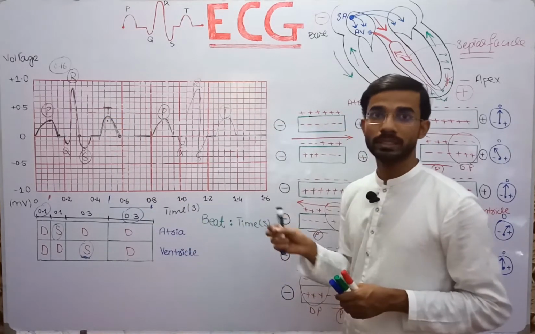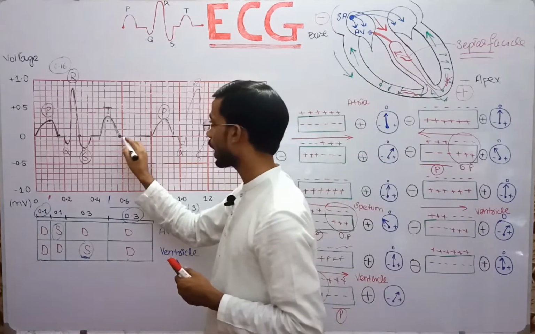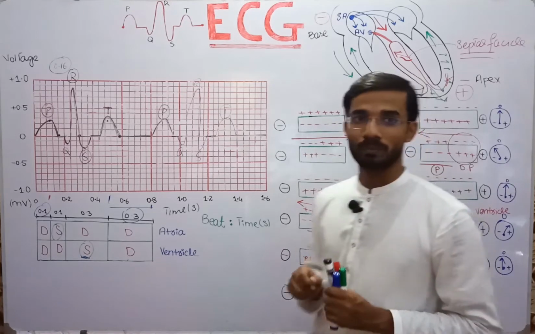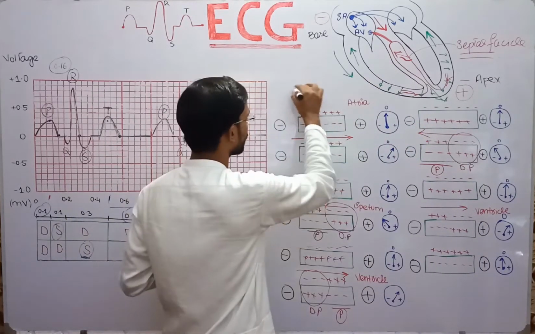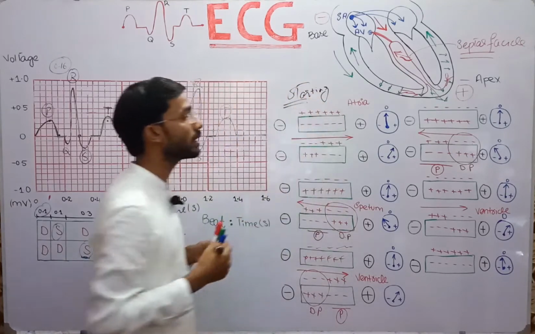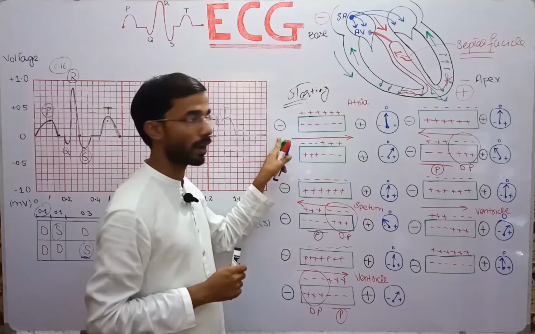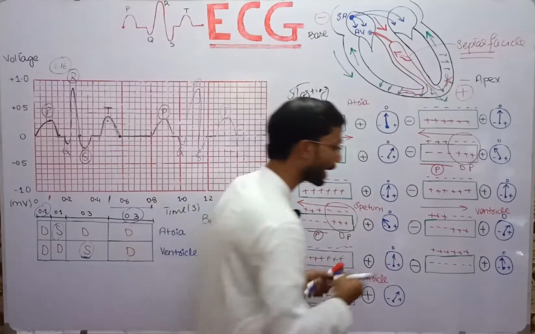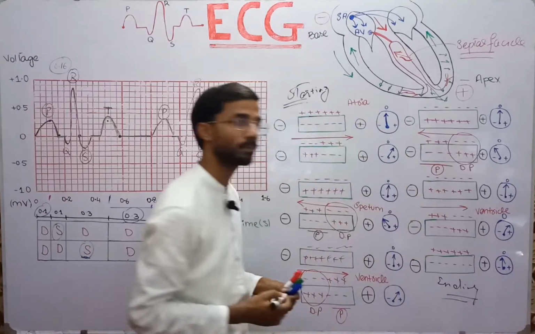Next, this repolarized state remains until the end of the cardiac cycle. So do you notice that at the starting point the cells are in a polarized state, and at the ending point the cells again become polarized?